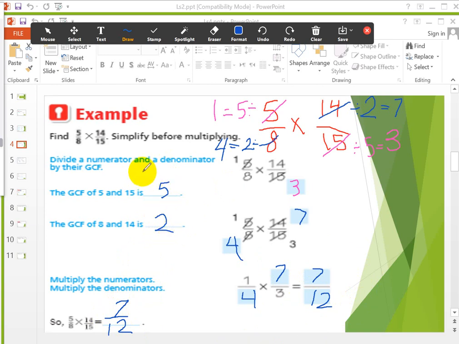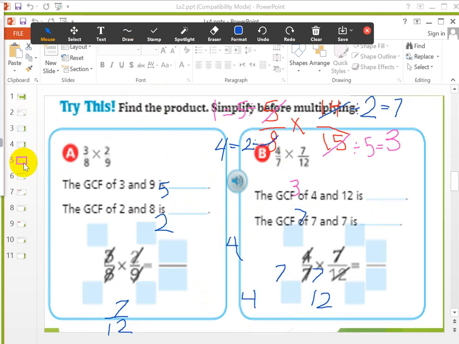If you try to multiply those fractions without using this strategy, if you multiply 5 with 14, then multiply 8 with 15, it will give you a hundreds number in the numerator and in the denominator. And you have to find the greatest common factor for the numerator and denominator. So it will be so hard for me. But this way will make the numbers easy.